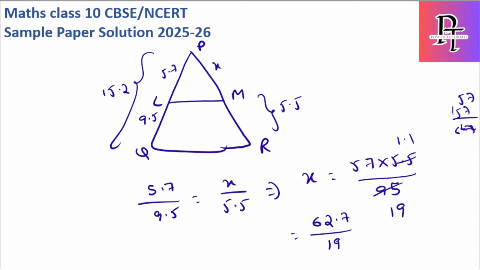Let me check again. Yes, correct. 19 threes are 57. So the final answer, PM, I got as 3.3 centimeters.